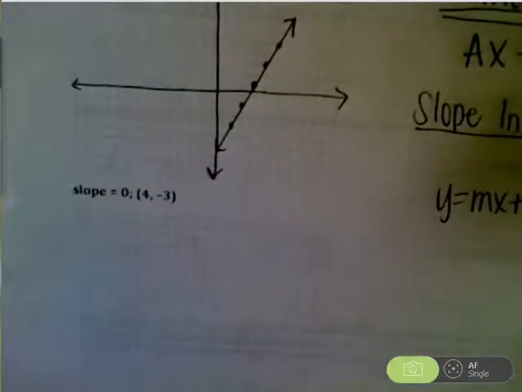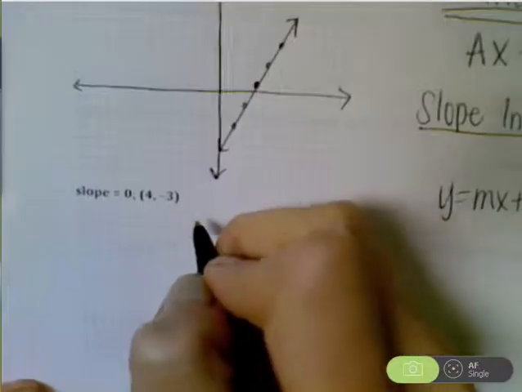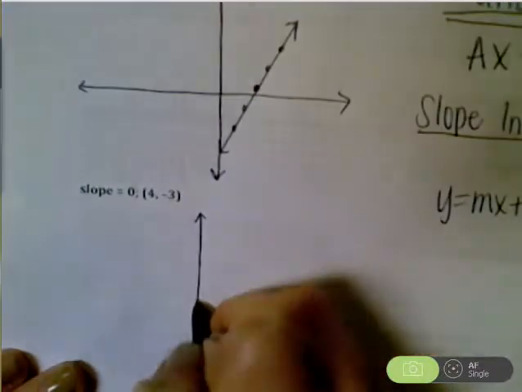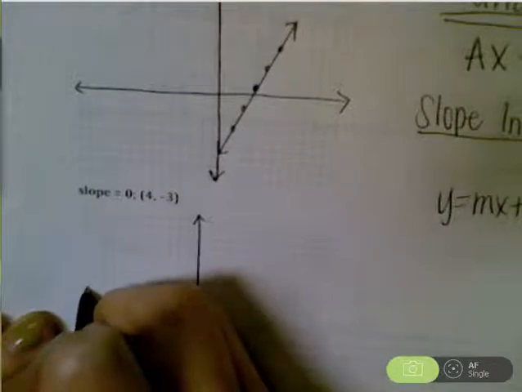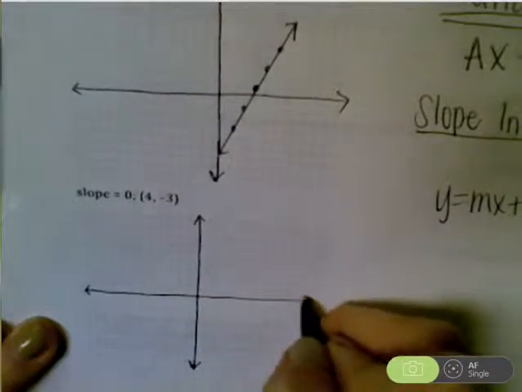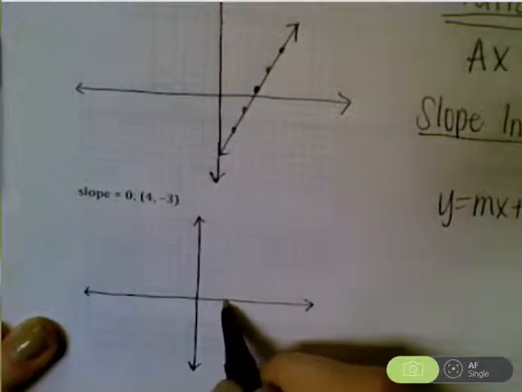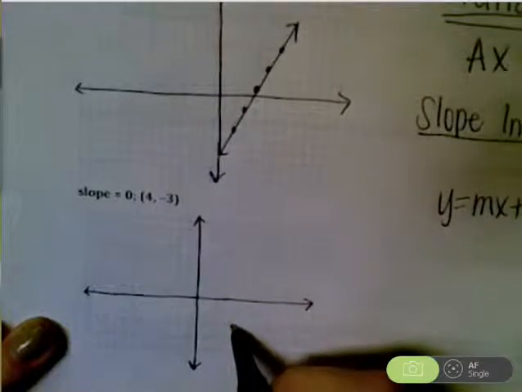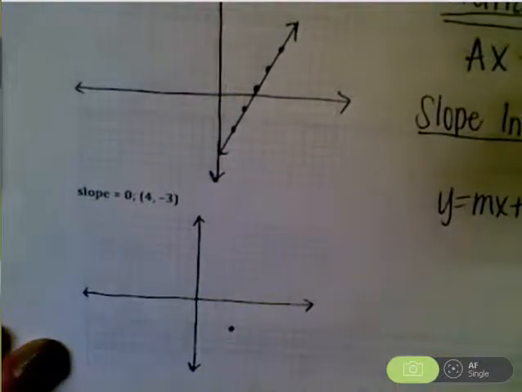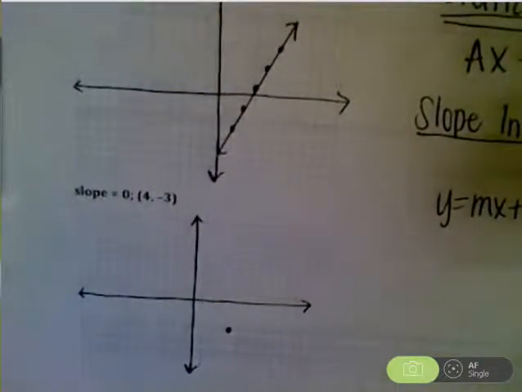The next one says that the slope is 0 and the point is 4, negative 3. So again, we're going to start with our point of 4, negative 3. Should be right here. And what do I do with a slope of 0? You just move to the right one.